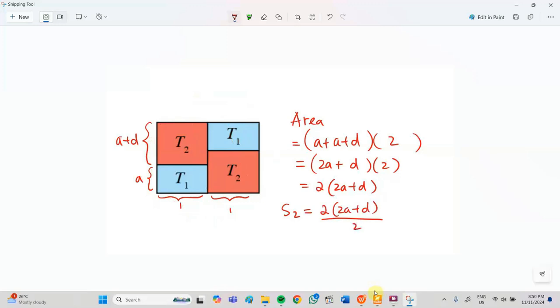We will not simplify this for now, so that later we can look at the pattern. So far we already formed S1, which is A, and we formed S2, which is this. We are going to come back later after we form S3 and S4.